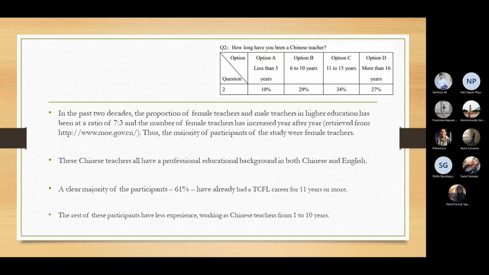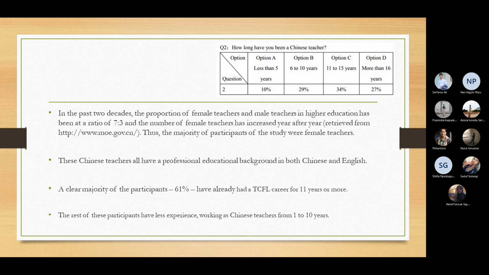Related to the second question, the Chinese teachers all have a professional educational background in both Chinese and English. They were bilingual, and a clear majority of the participants, 61%, have already been in their TCFL career for 11 years.